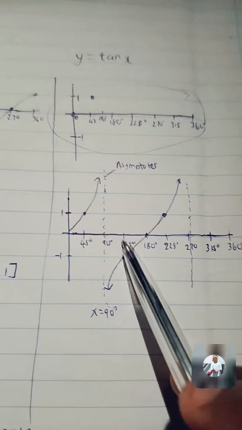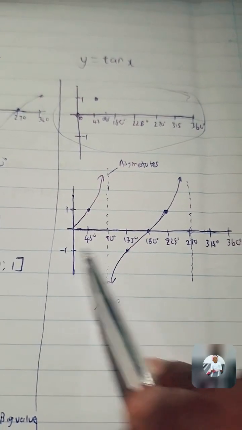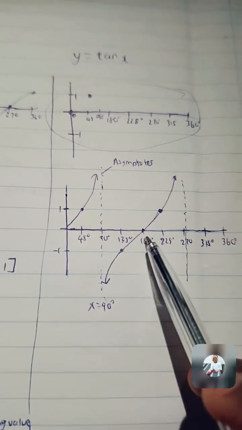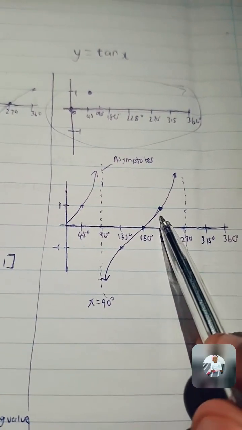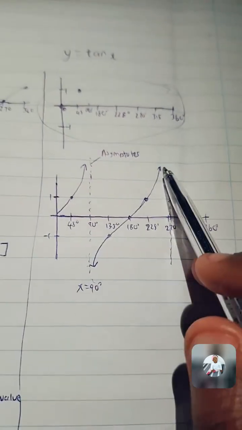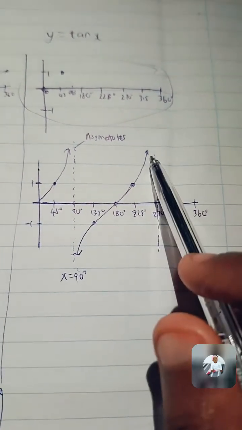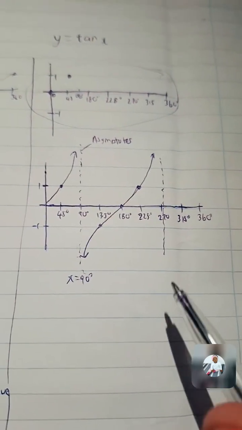Then we move on. What's tan 135? We get -1. Tan 180 is 0. Tan 225, we have +1. Once again, when we say tan 270, bam, we are struck with that asymptote once again, because our calculator says maths error. Are you with me?